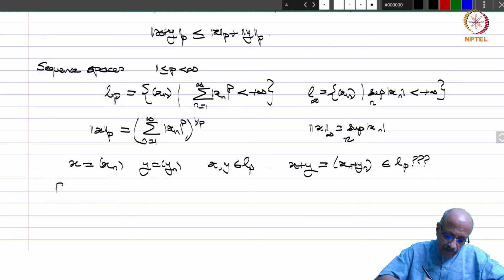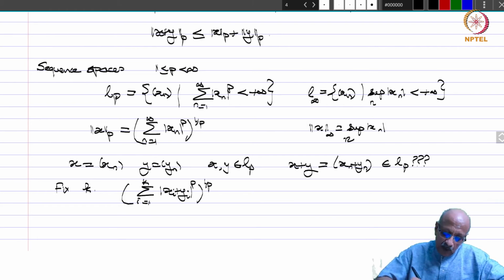Okay, fix k. Then (sum from i equals 1 to k of |x_i + y_i|^p) whole power 1/p is the ℓ^p norm of the finite vector x_1 to x_k plus y_1 to y_k.